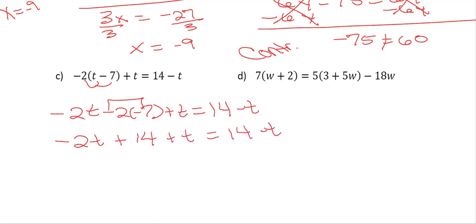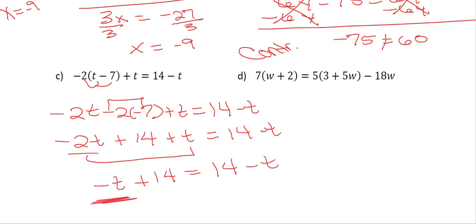All right. Let's put together our like terms. I have negative 2t plus that t gives me negative t plus 14. We don't have to do anything else because if you notice, we got a negative t on both sides, a positive 14 on both sides. This is an identity.